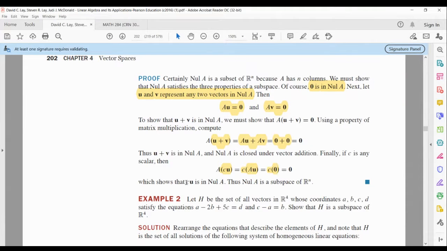So therefore, c times u is in the null space of A, and that means the third condition is satisfied. So therefore, the null space of A is a subspace of Rn. It's a subspace, and it's a special space. Are there any questions so far?